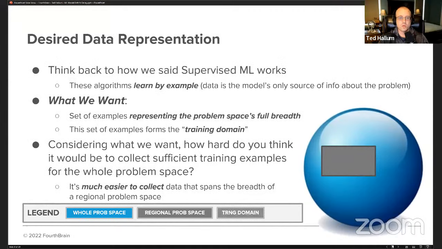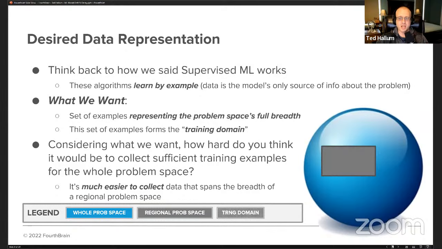All right, so what do we say about supervised machine learning models? They learn by example, right? So what we want is, we've identified our regional problem space by this little rectangle here that's dark gray. And we want to establish a training domain inside of that so that the training data fully represents the space of the problem that we intend to model.